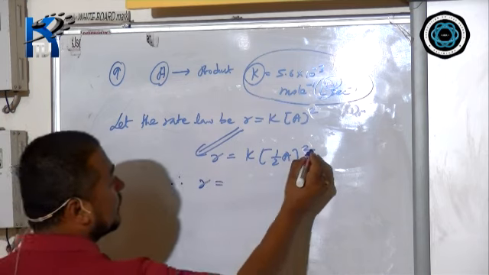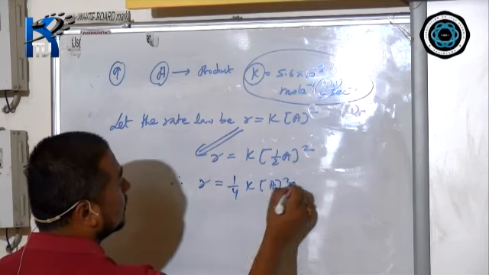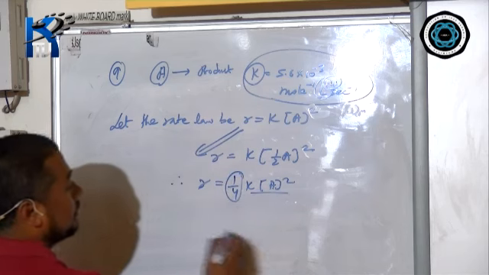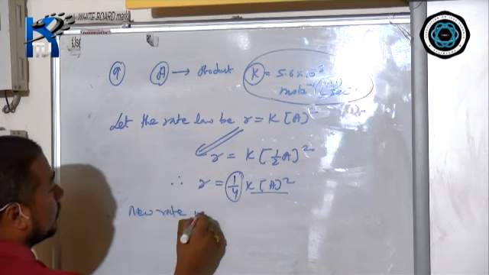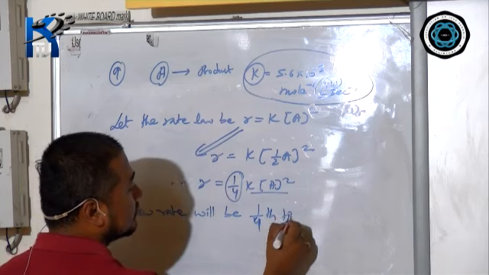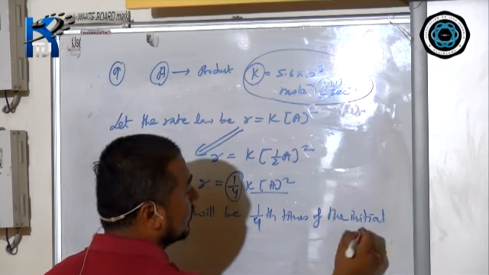Now R is equal to half to the power 2, half square means 1 by 4. We got it. So what will be the effect on rate? The new rate will be 1/4 of the initial rate. So the answer will be, therefore the new rate will be 1/4 times of the initial rate.